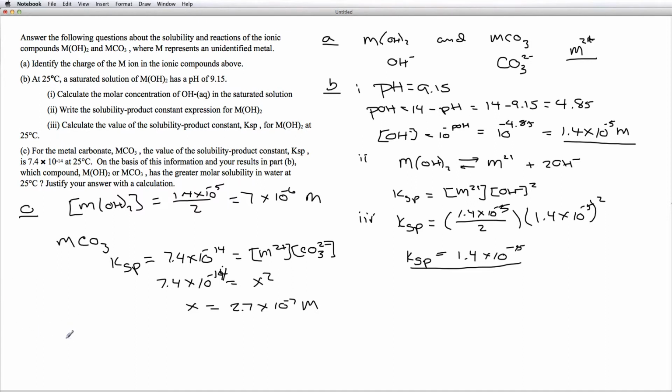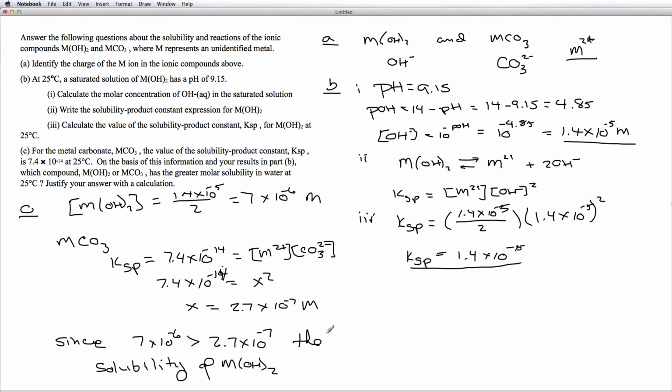So, since 7 times 10 to the minus 6 is greater than 2.7 times 10 to the minus 7, the solubility of the M(OH)2 is greater.